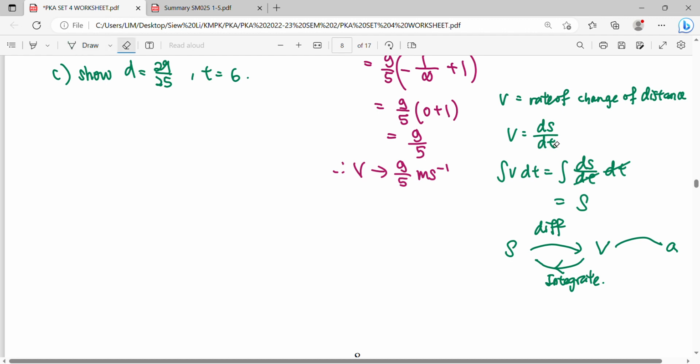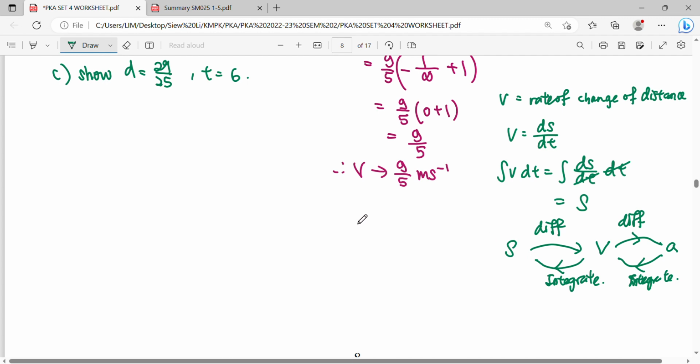The rate of change of velocity is acceleration, differentiate. When you want from acceleration to get back velocity, integrate. Today's questions involve distance and velocity only, so it might extend to velocity and acceleration later. Understand? So distance differentiate, you get velocity. Velocity differentiate, you get acceleration. Reverse the process, you can get back the distance.